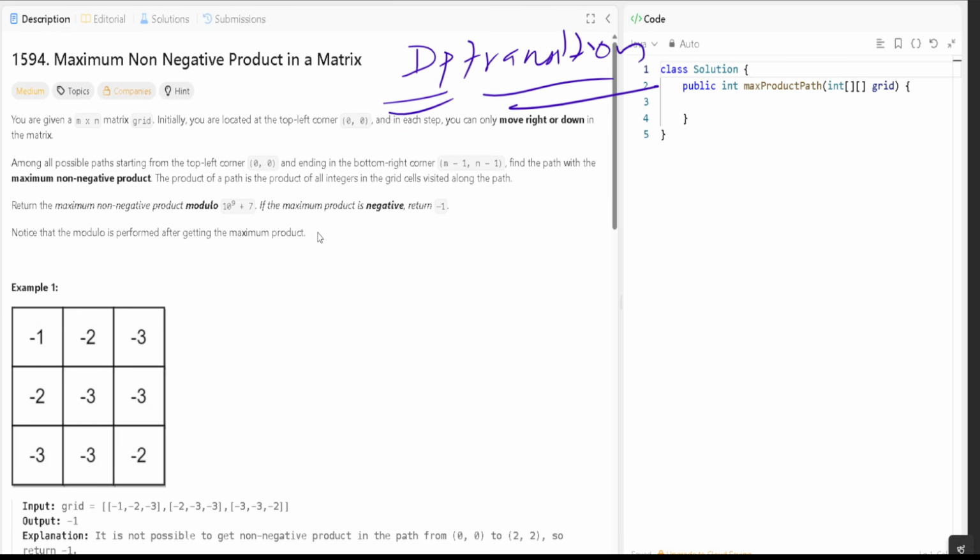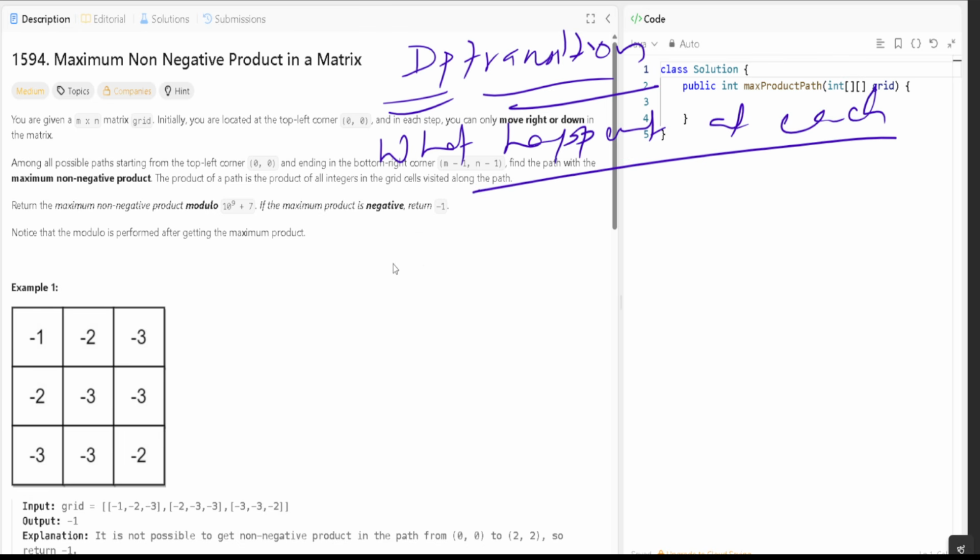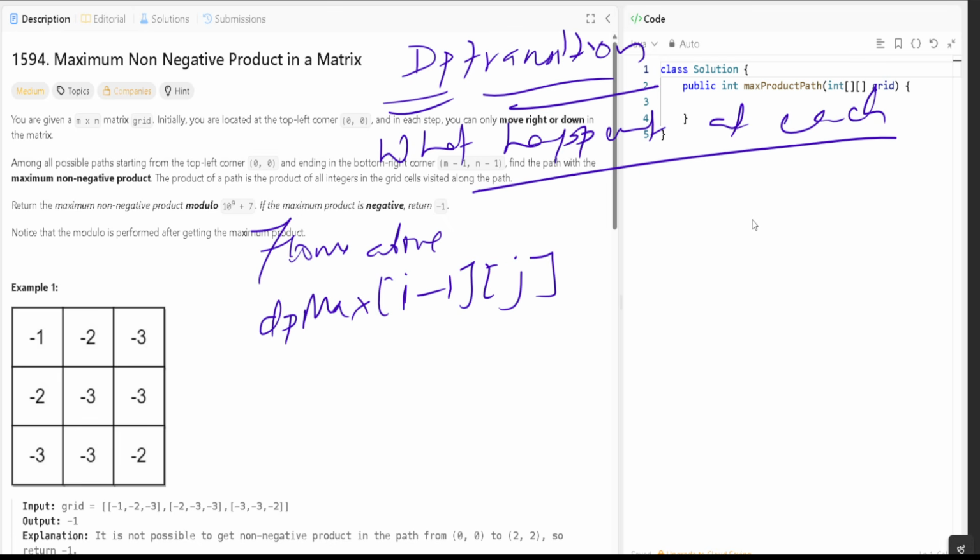Dp transition: what happens at each cell? From above, what comes is dp max of i minus 1, j. Another one comes from the left.